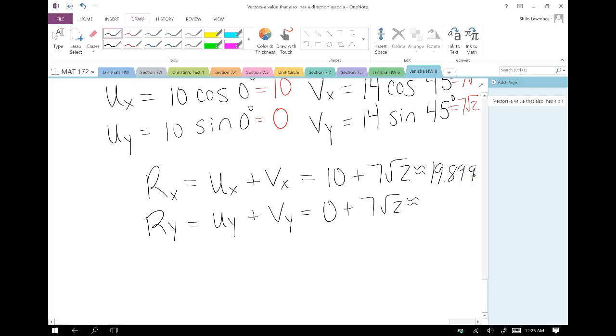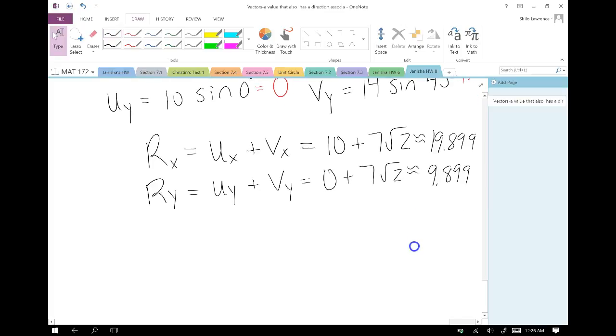And then 0 plus 7 root 2, which is really just 7 root 2, I've got 9.899. So those are the components for the answer.